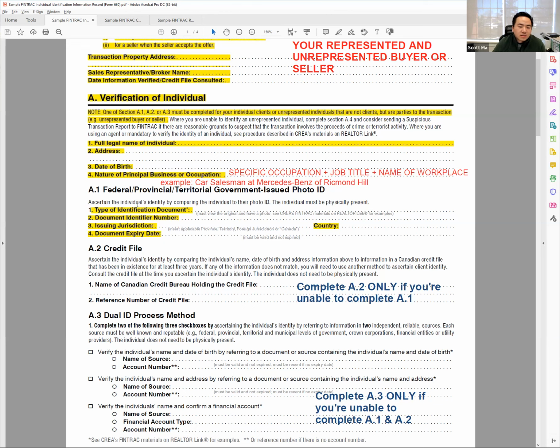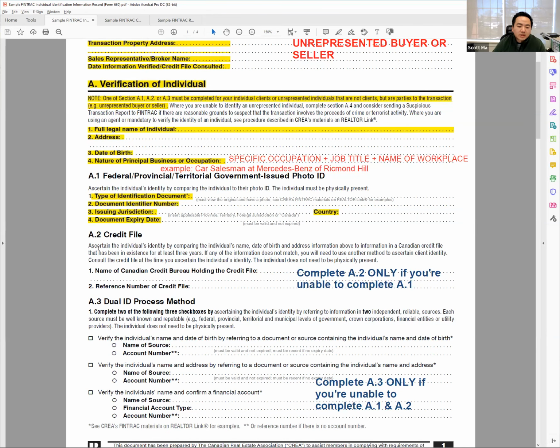So I mentioned the A1 section. That's going to be what most of us will fill out. A2 and A3 are only if you cannot complete the previous section. Most clients should have a government ID. Even if you don't have a driver's license, you can get a photo ID from the government of Ontario.